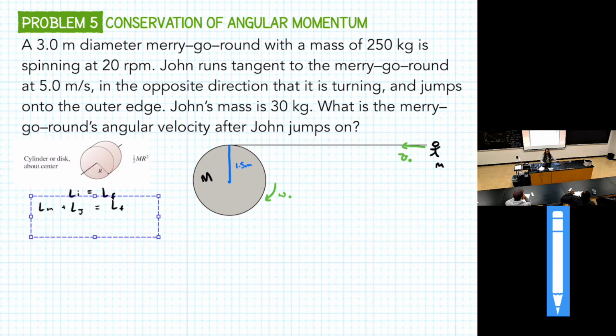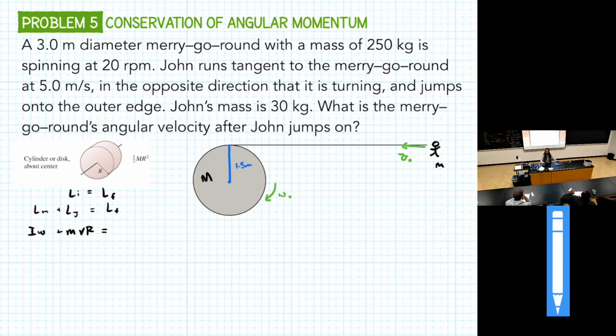Okay, so for the merry-go-round, we have I omega. And John is mass, velocity, and R, so m v r.